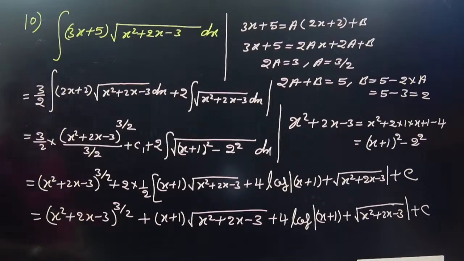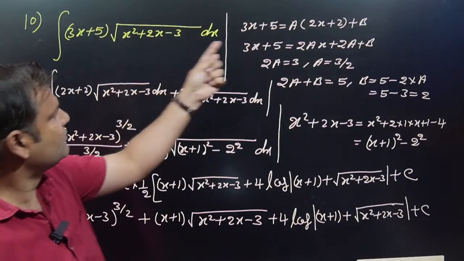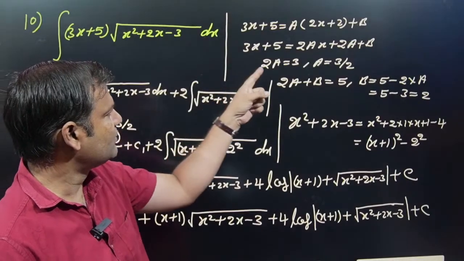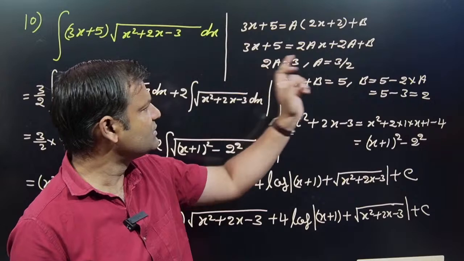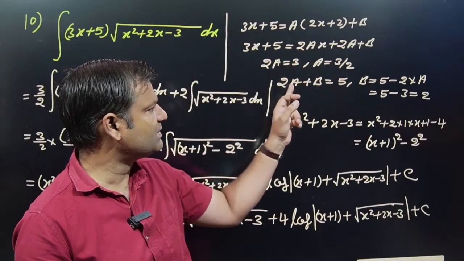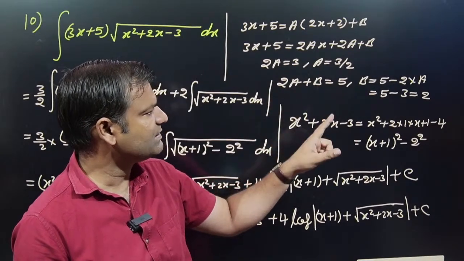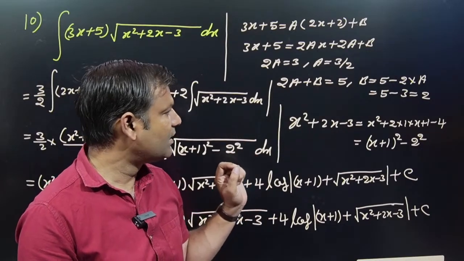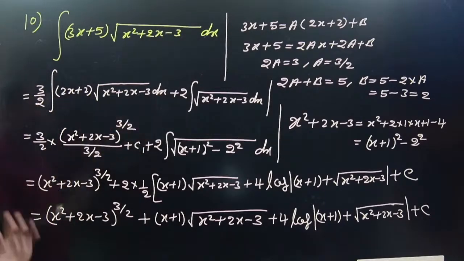Simply, this one is replaced by a into the differentiation of this one, 2x plus 2, plus a constant b. After that compare: 2a equals 3, so a is 3/2. Now 2a plus b equals 5, so 2a is 3, so 3 plus b equals 5, so b equals 5 minus 3, that is 2. After that, we put these two values here, then we get like that.